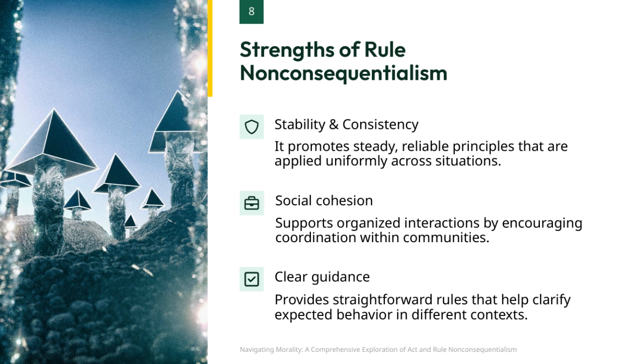By encouraging coordination within communities, it supports more organized and harmonious interactions, which is crucial for maintaining order. Finally, clear guidance. Rule non-consequentialism provides straightforward rules that clarify what behavior is expected in various contexts, making it easier to navigate ethical decisions. Together, these strengths highlight why this approach can be so effective in guiding moral behavior.